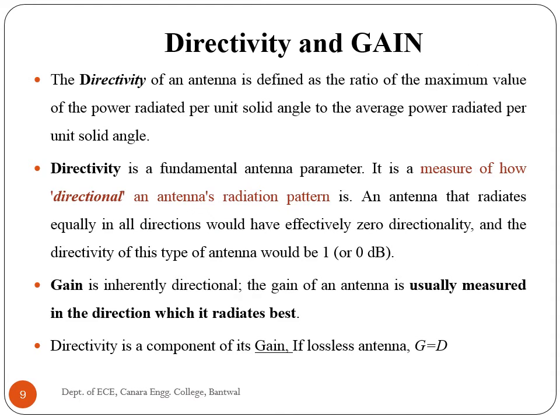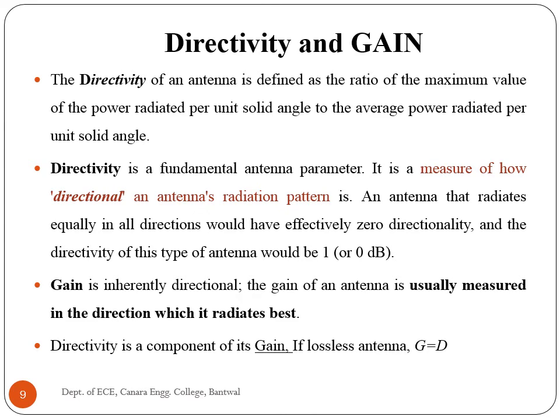Directivity and gain. The directivity of an antenna is defined as the ratio of the maximum value of the power radiated per unit solid angle to the average power radiated per unit solid angle. Directivity is a fundamental antenna parameter. It is a measure of how directional an antenna's radiation pattern is.